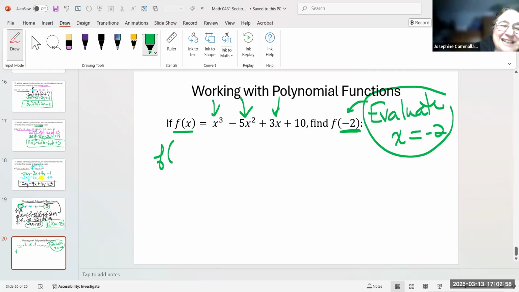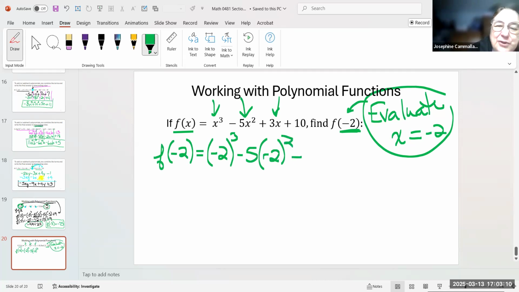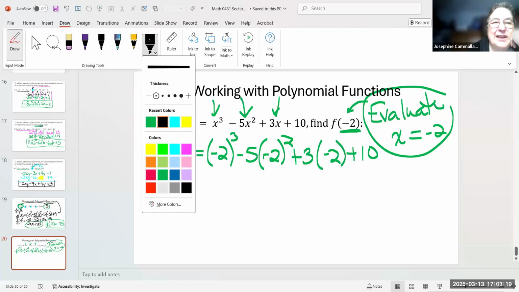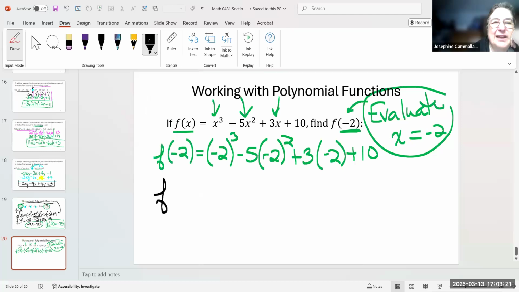But how I write it is saying -2 cubed minus 5 times -2 squared plus 3 times -2 plus 10. It's the symbols. F of -2 is equal to -8.